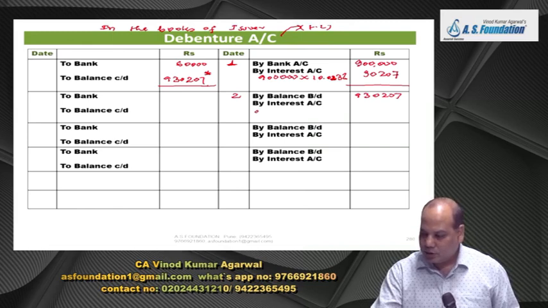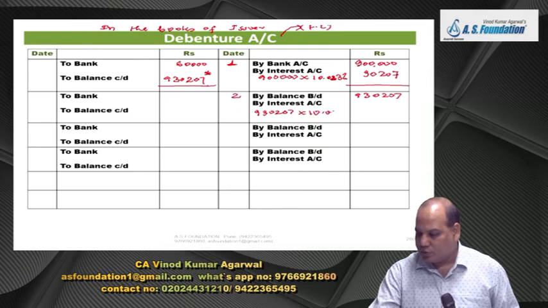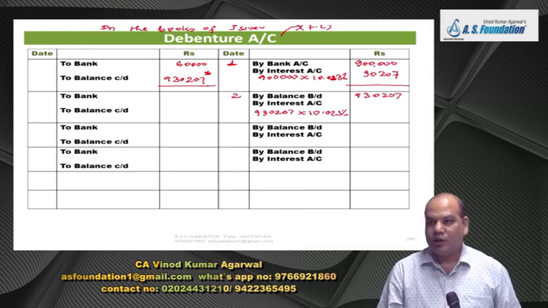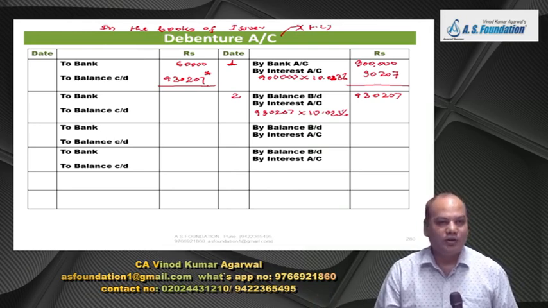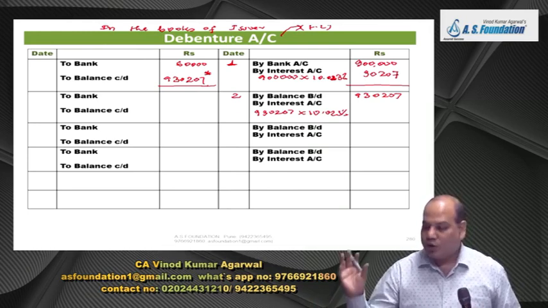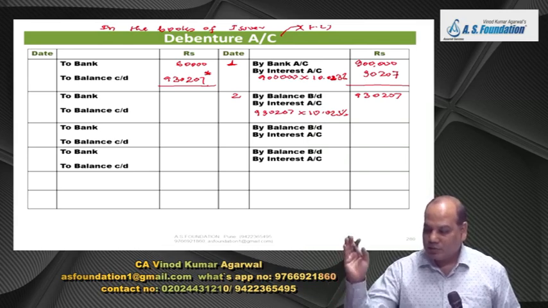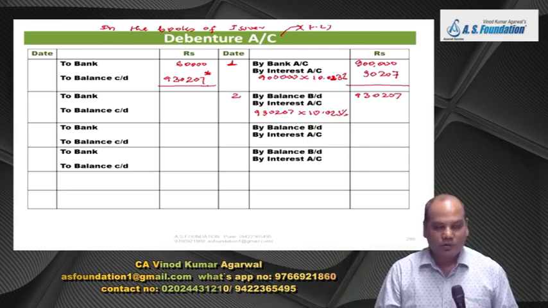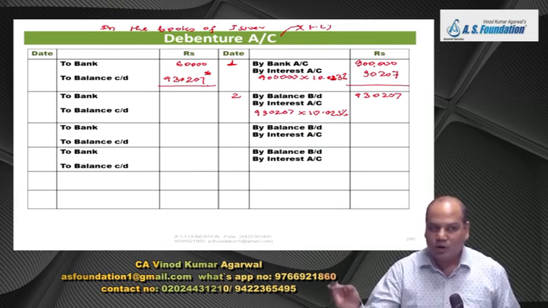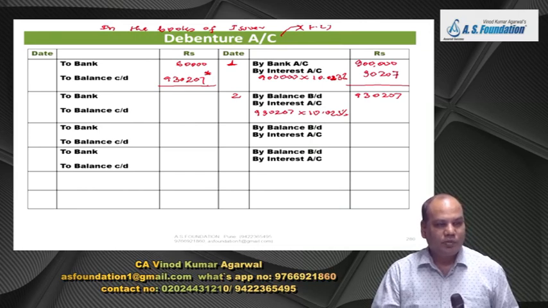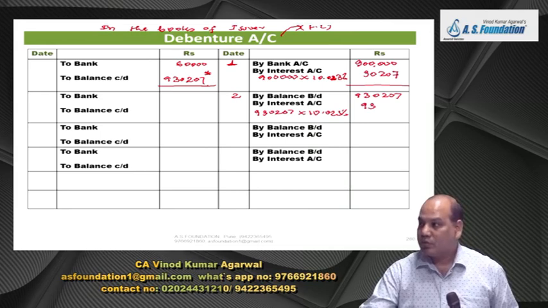Now the interest will be 930,207 into 10.023%. This is effective interest. This is effectively the cost you are incurring. If you are using funds of 9 lakh, you are incurring 90,207. If you are using more funds, 930,207, you will incur more interest. How much is that? 93,235. This is what we incurred.